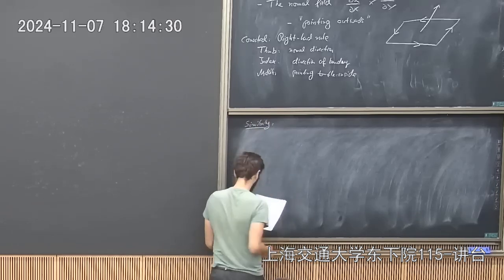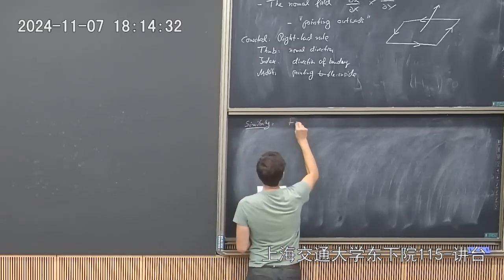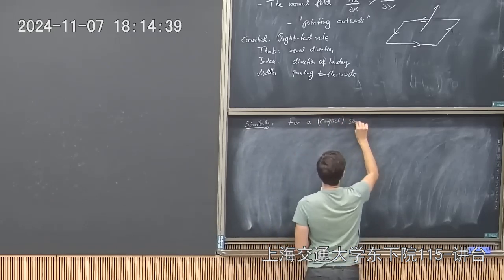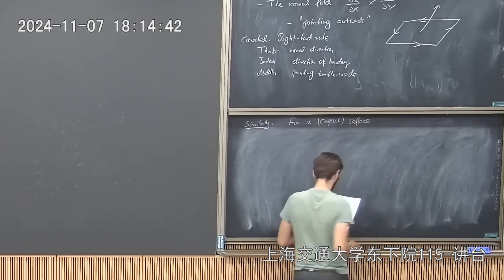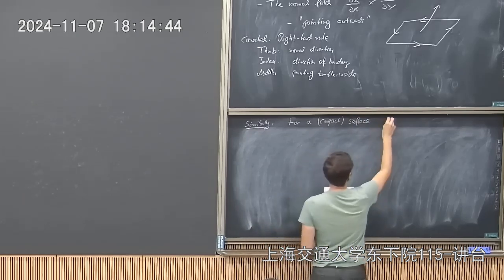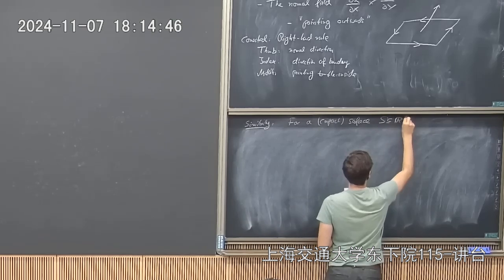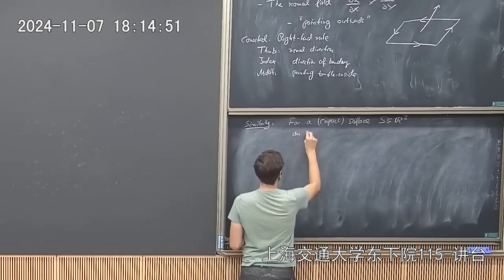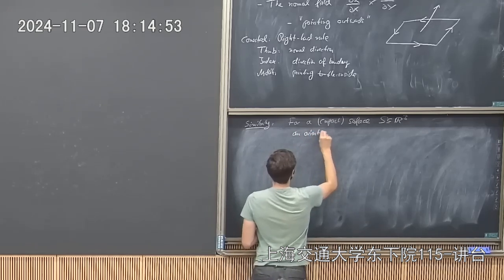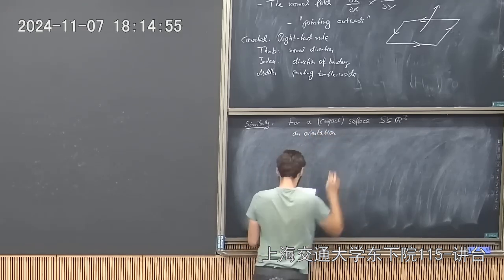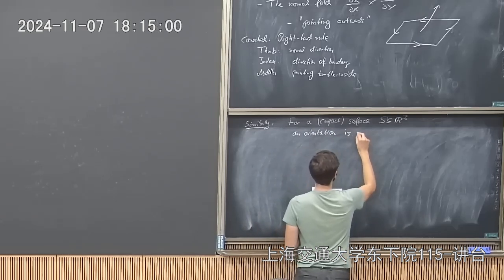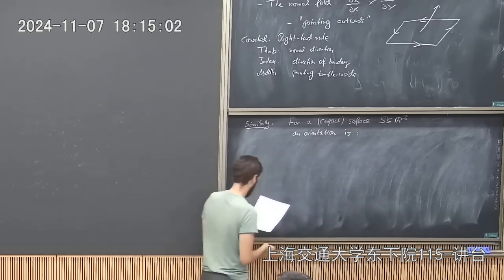Similarly, for a compact surface, we can think of some subset of R3, an orientation is one of the two choices.